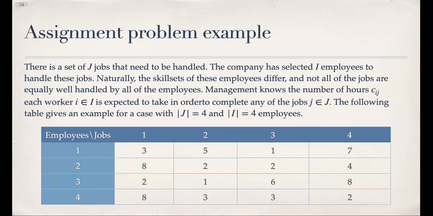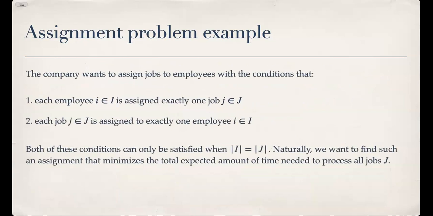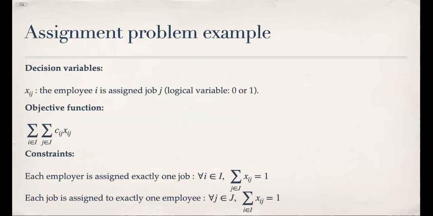We multiply element by element of all i and j, and we sum up over j and over i. We sum all elements together. Then we get our objective function.